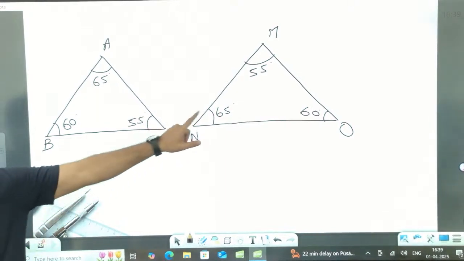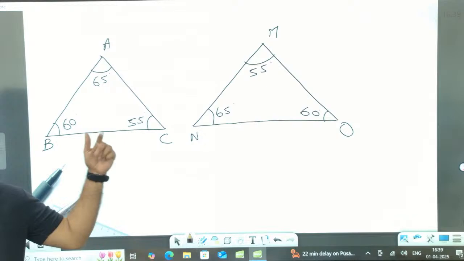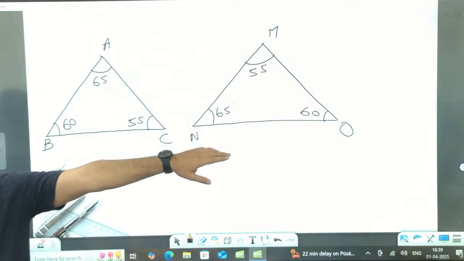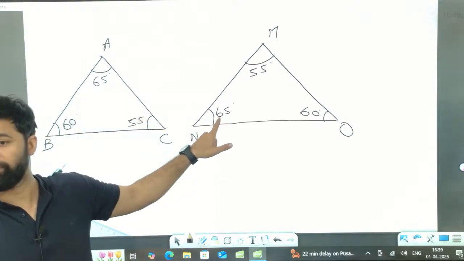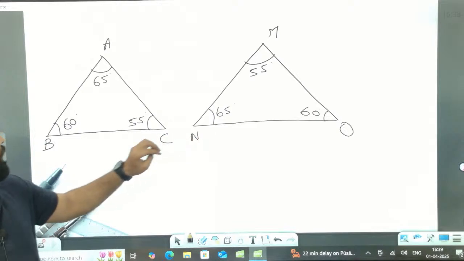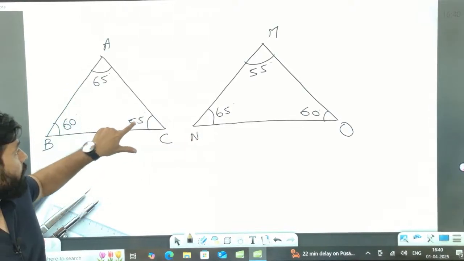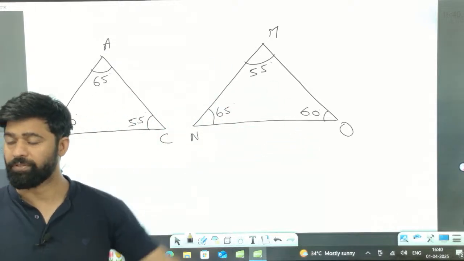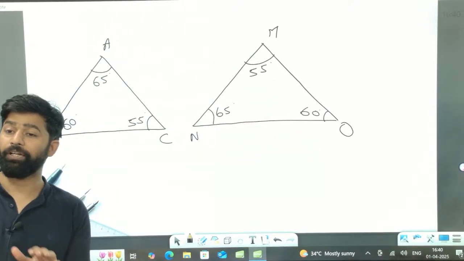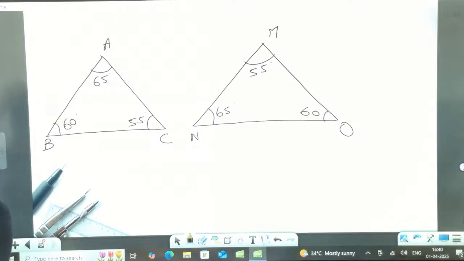Again, I just want to place this triangle on this triangle. How can I place it? Here we have that 65 degrees. So this 65 degree can be placed on this 65 degree, this 55 can be placed on this, and this 60 can be placed on 60. So it can be placed. If it is possible to place or superimpose the other figure, then definitely they are similar.